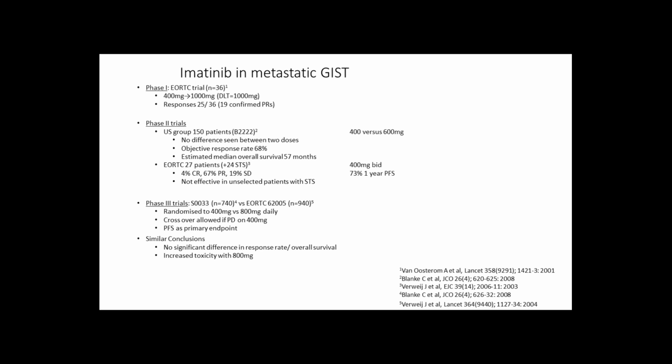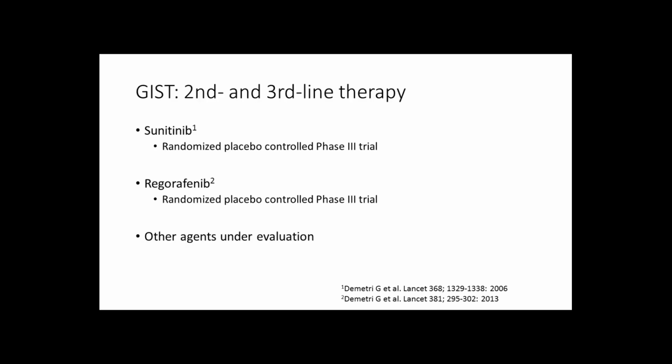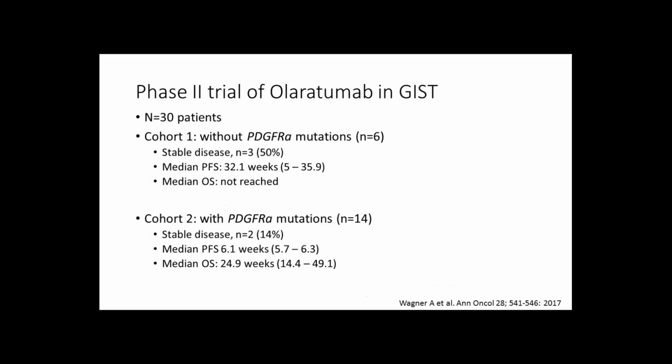And of course, imatinib is a relatively well-tolerated agent and very, very effective in gastrointestinal stromal tumor. Other registration trials have led to the approval of drugs called sunitinib and regorafenib in this disease, and there are a number of promising agents currently under investigation in phase 3 trials.